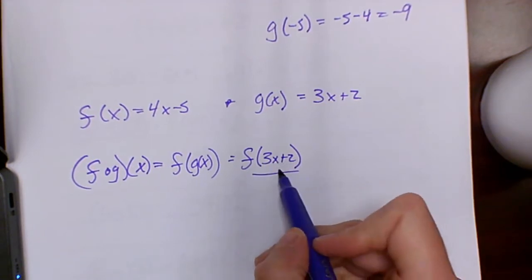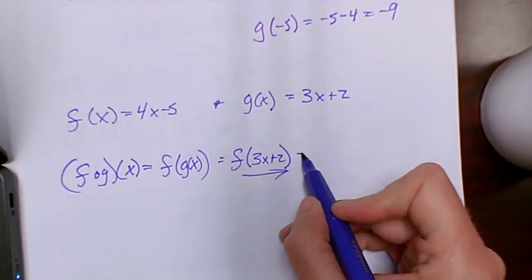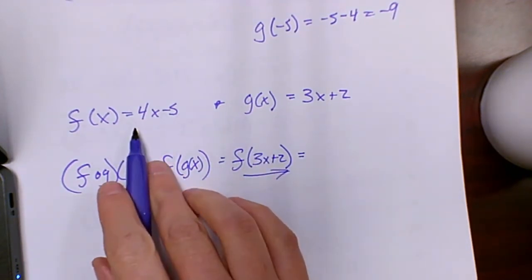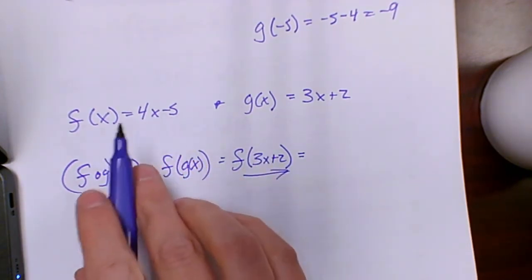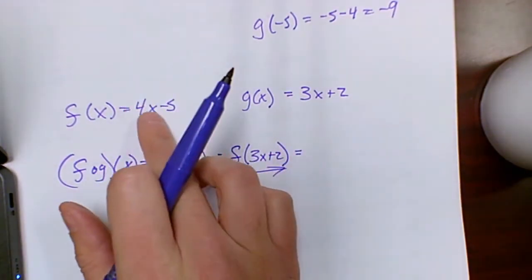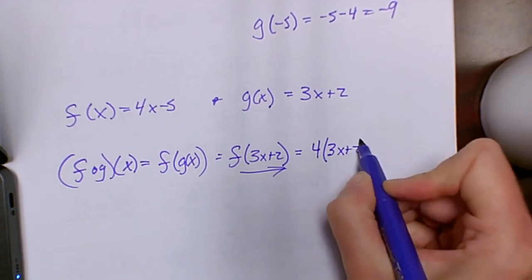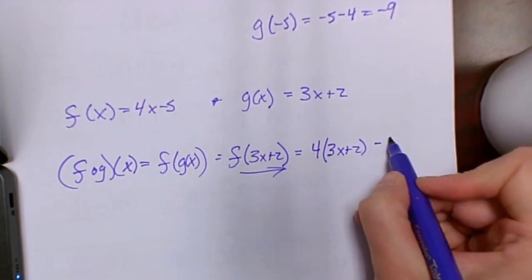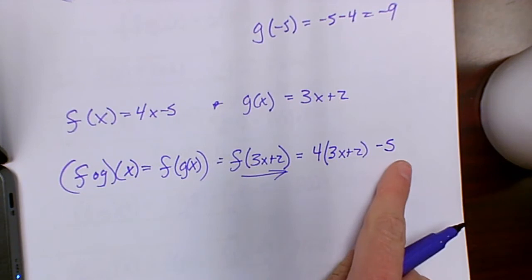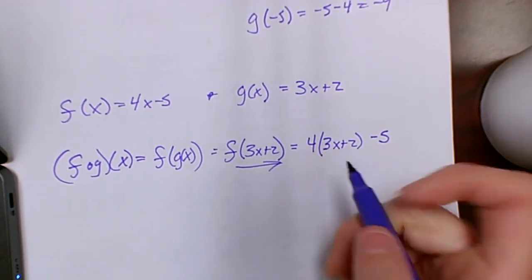Then we have to evaluate f at 3x plus 2. So f of x is 4x minus 5. This value right here is going to replace the x. So we'll have 4 times this value of 3x plus 2, and then minus 5.